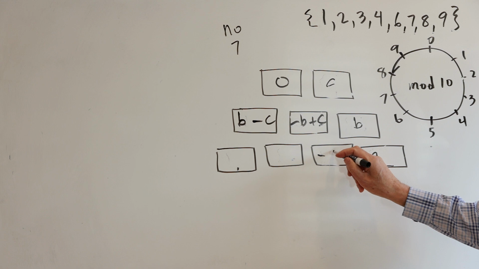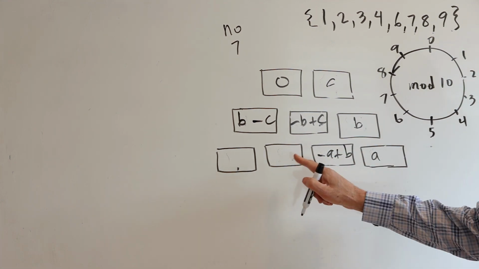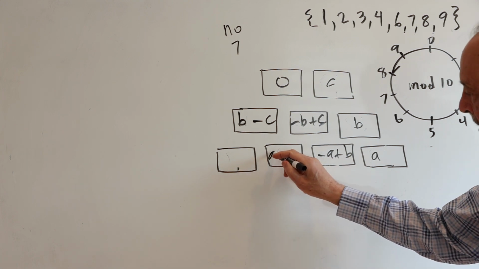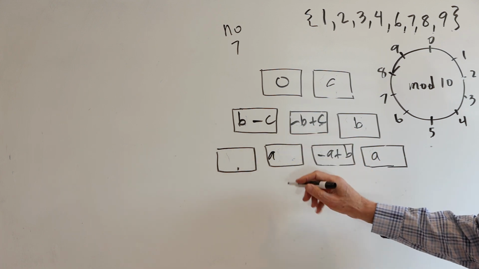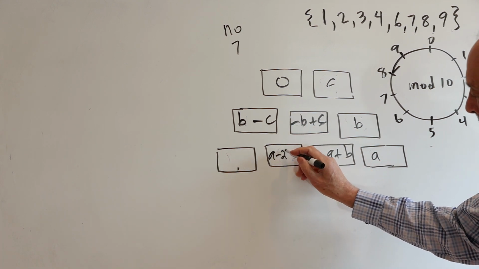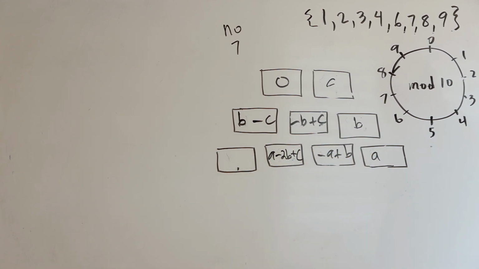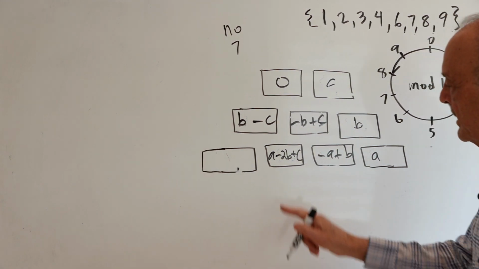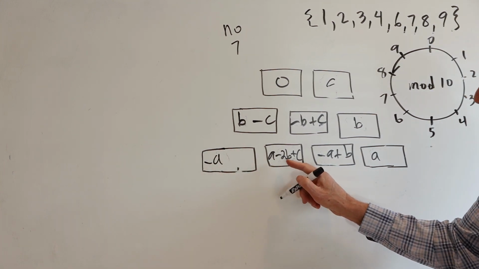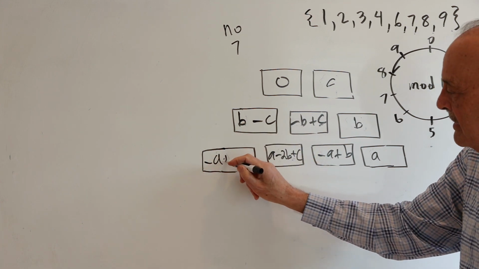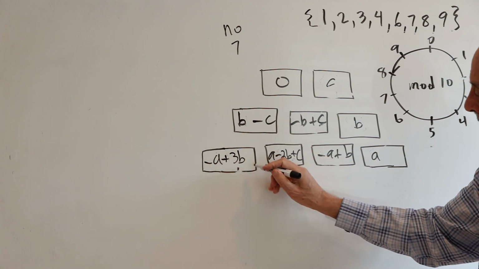So that's going to be negative A plus B. And here, I want to cancel the negative A, so I'll need an A. And I want to go from positive B to negative B, so I'm going to need negative 2B. And then I want a C. And then here, I want to cancel A. And I want to go from negative 2B up to B, so that'll be 3B. And then I want to go from C to negative C, that'll be minus 2C.